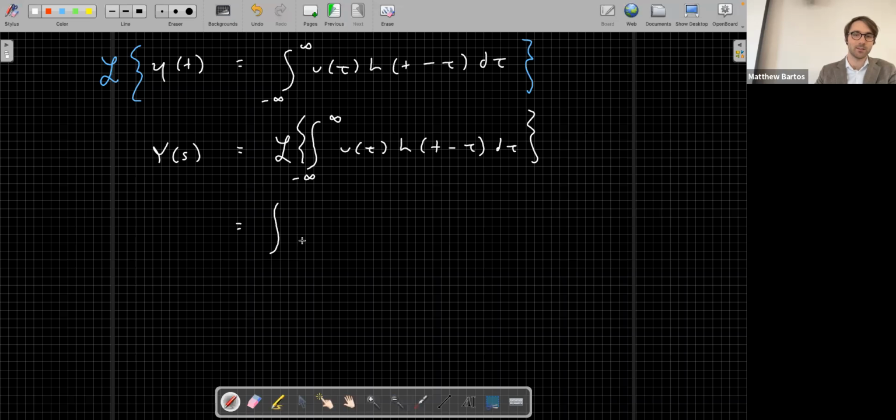We'll end up with a double integral from 0 to infinity. And let's just say that our input is only defined from 0 to t. So this integral here, instead of from negative infinity to positive infinity, let's just say it's from 0 to t.